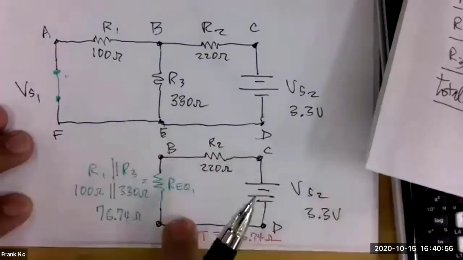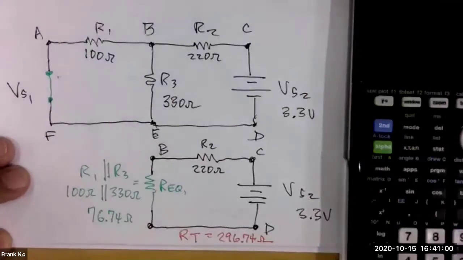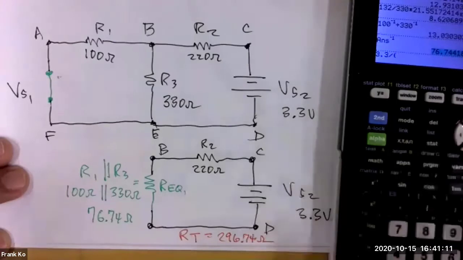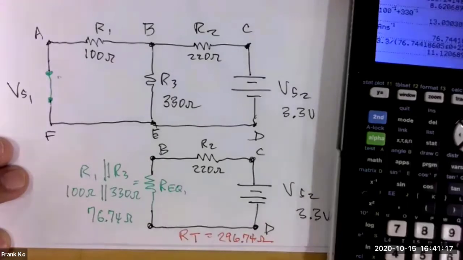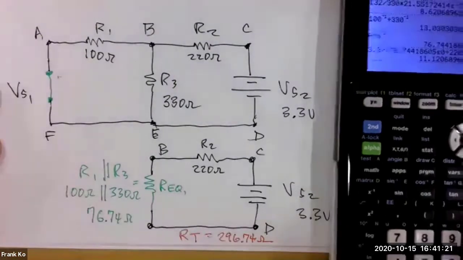Can we find I total? And Wei Ji, what does I total work out to be? 11.12 milliamps. Okay, that works out to be 11.12 milliamps, yes? Everybody concur?